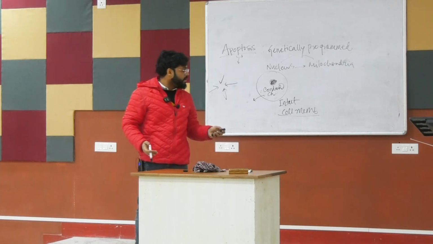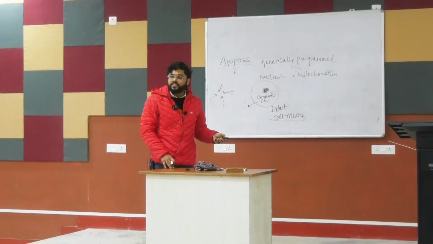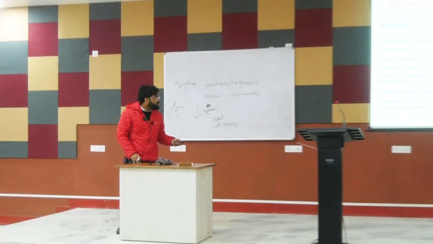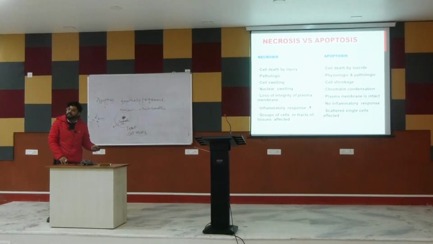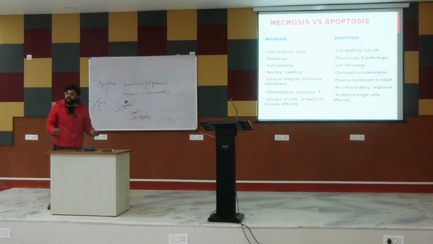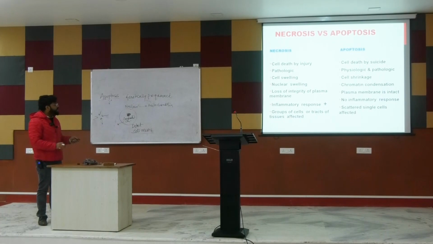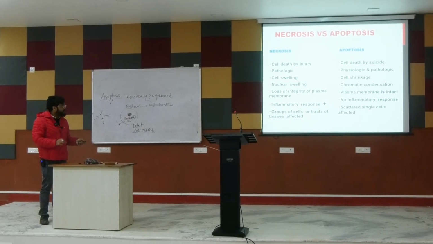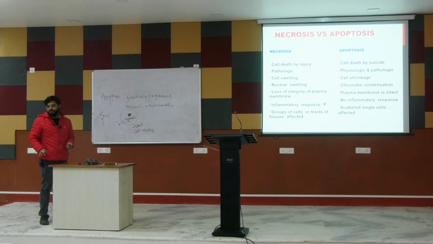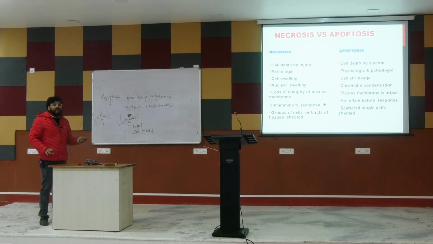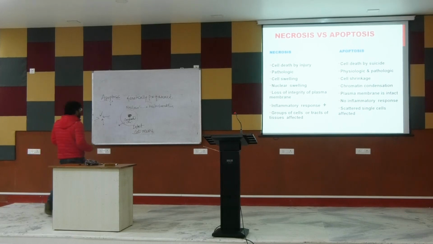Basically, there will be cell shrinkage, condensation of chromatin, and an intact plasma membrane. These are the main differentiating factors between necrosis and apoptosis. Histopathologically, in apoptosis there will be cell shrinkage, chromatin condensation, and an intact plasma membrane.